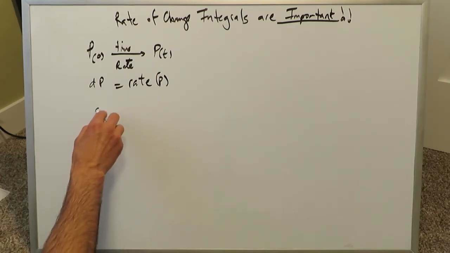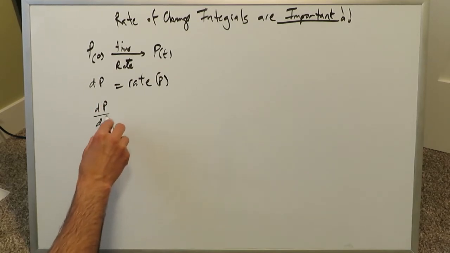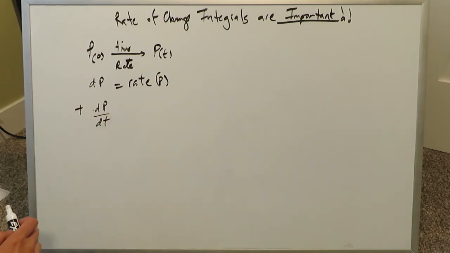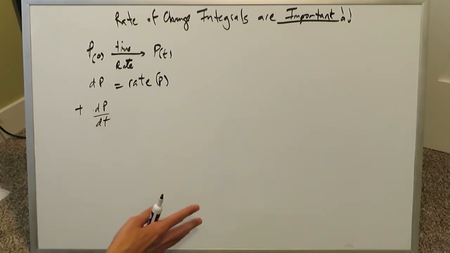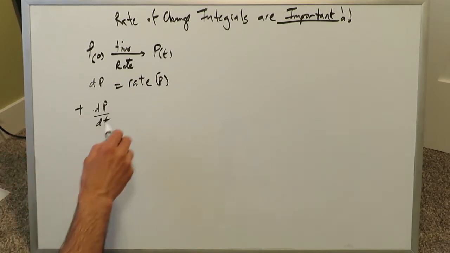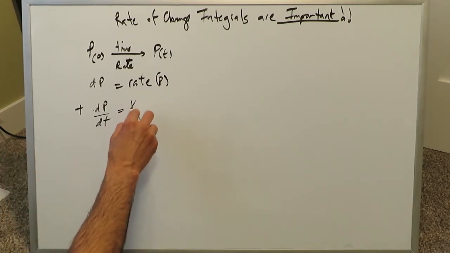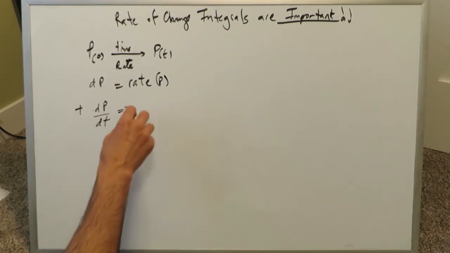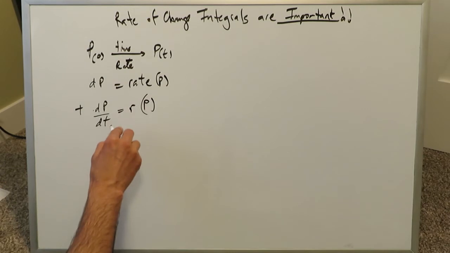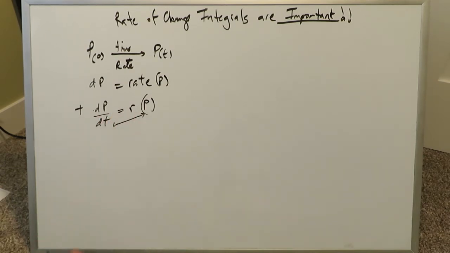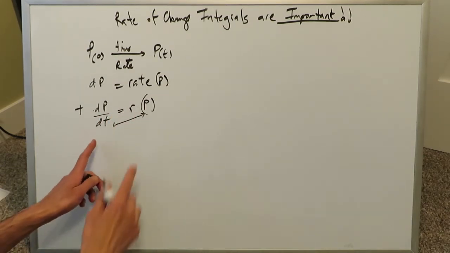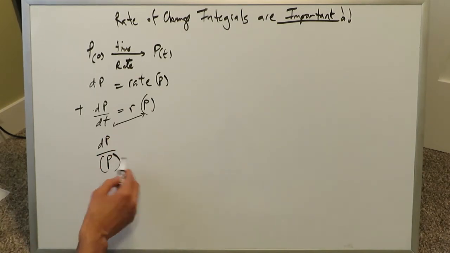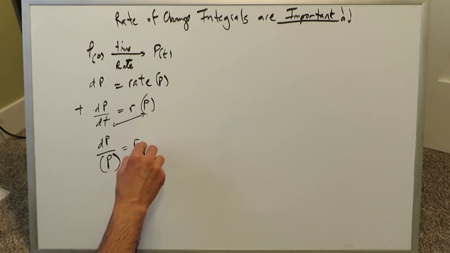Look at a certain change in principal over a change in time, dP over dt. We're looking at something positive here because generally money grows over time. It is equal to this rate, we'll call it k, or in this instance, the interest rate, we can give it the symbol r, times P. From this derivative, all you have to do is switch the dt and the P, and you'll have dP over P equal to r dt.